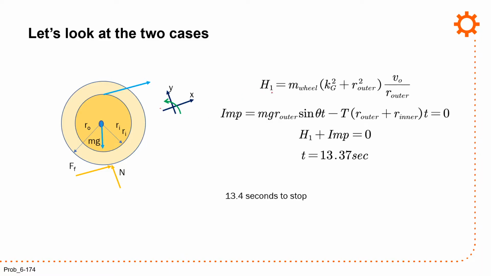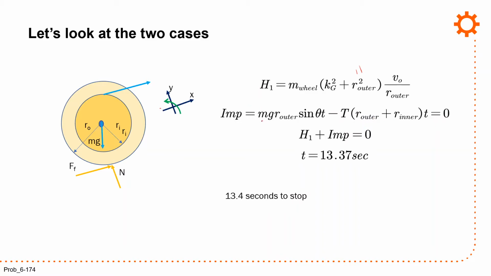So H1 is the mass of the wheel, the radius of gyration of the wheel, plus the associated shift, which is going to be from the center to the outer radius, so that's a parallel axis there. The impulse delivered is going to come from the weight and the tension. And here the tension is R outer, R inner.